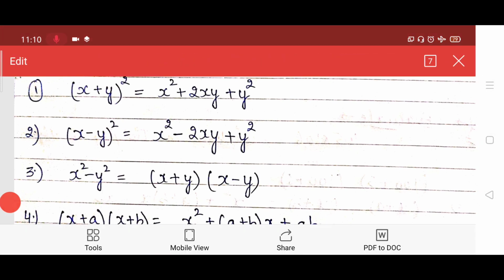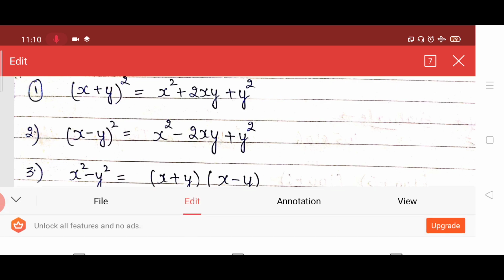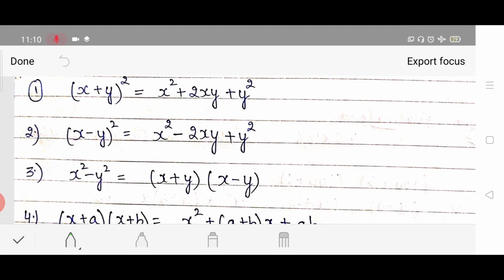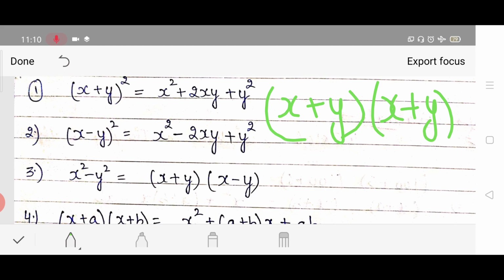How do we come to this explanation? Let us see here. If we multiply (x plus y) whole square, that is two times (x plus y) into (x plus y), you have to multiply x into x, then plus x into y, then plus y into x, plus y square.